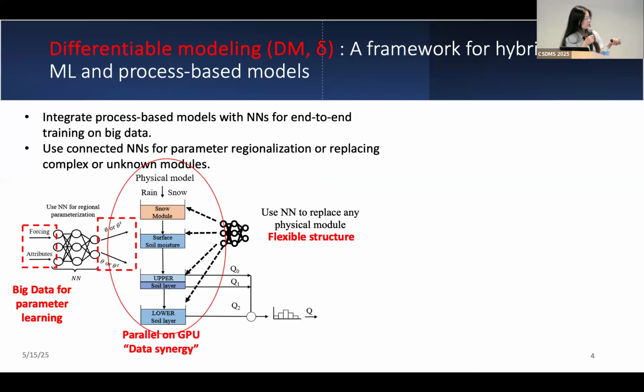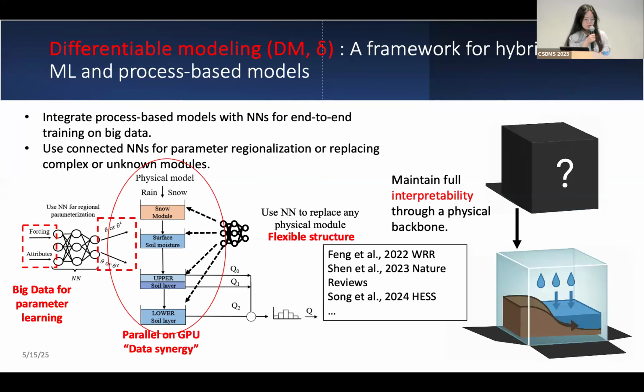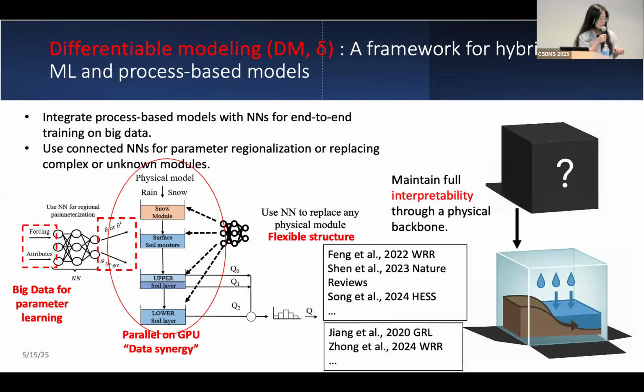The physical models inside the framework directly do the physical simulations for us to maintain full interpretability of this framework. So it's not a black box like a neural network. Now it's an open box. We can clearly see those processes simulated inside the framework. Recently, differentiable modeling has made a lot of progress. We have some work in our group, and other researchers are also making a lot of contributions to this topic.